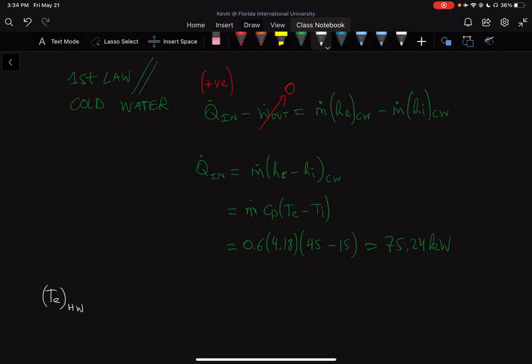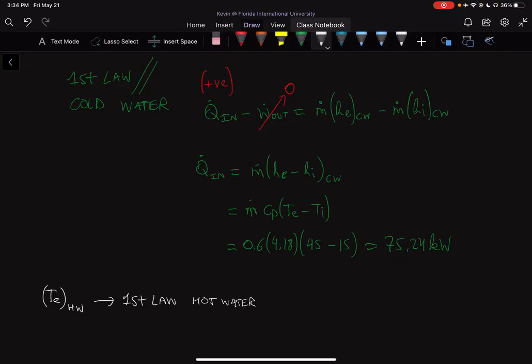So now we're asked to find the temperature at the exit of the hot water. So what we can do is we can now do first law looking only at the hot water. And this first law for the hot water, I'm going to keep in a white color, okay? So just remember when you're reviewing this problem that it's going to be in white.